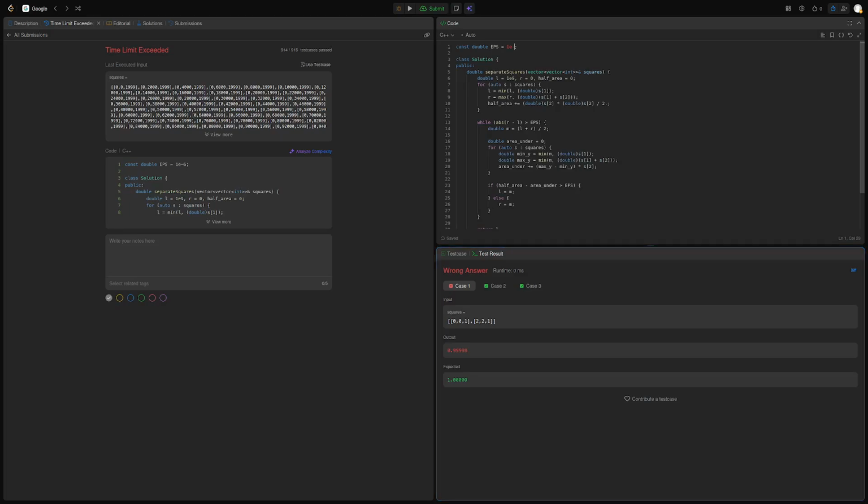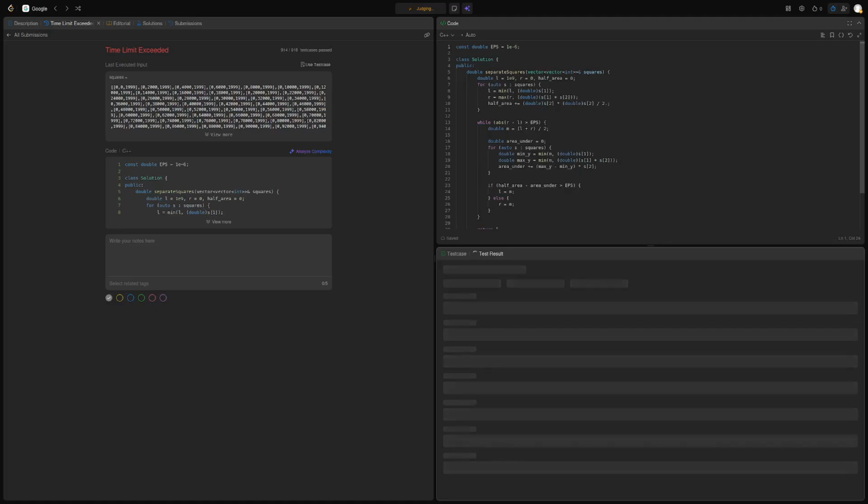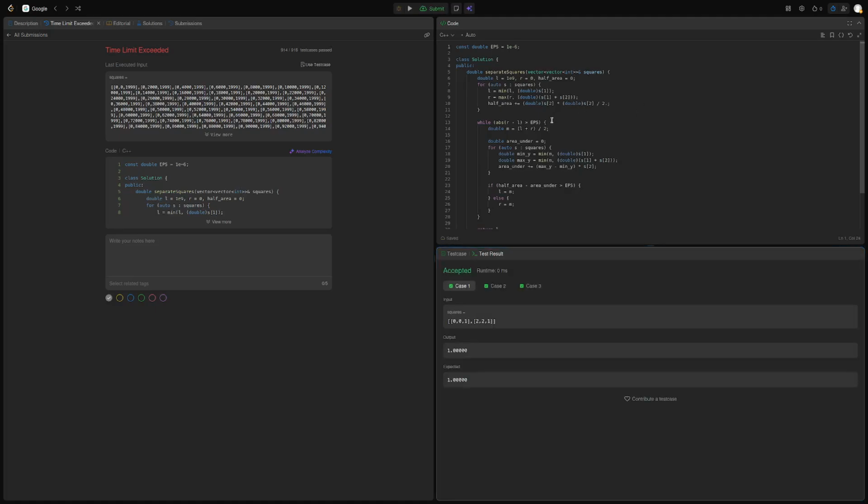Oh. Whew. Okay. Oh, that sucks. So let's do like 20 iterations instead. Let's see what that does.